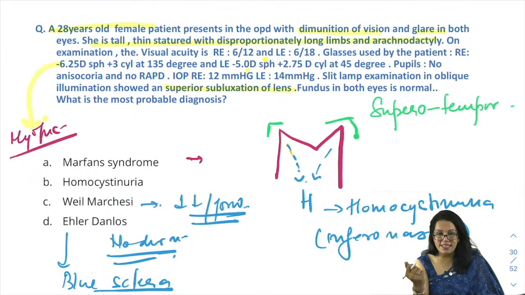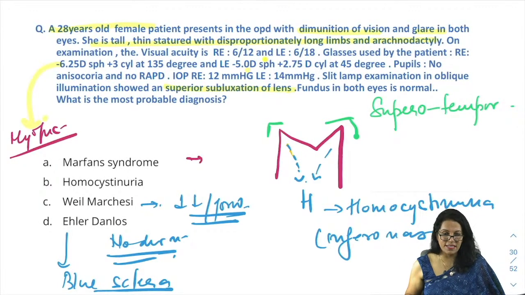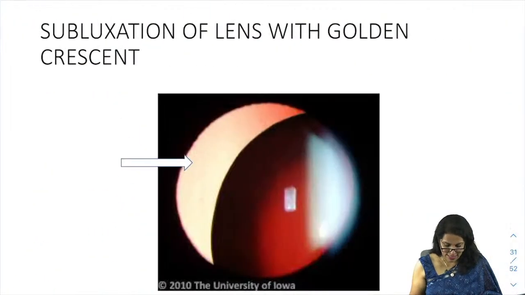Scleromalacia perforans, that is a scleritis which is necrotizing. Here also you can get a blue sclera. So these can be the causes if you want to note down. Osteogenesis imperfecta, pseudoxanthoma elasticum, what did I say? And of course Ehlers-Danlos bata diya, and scleromalacia perforans.